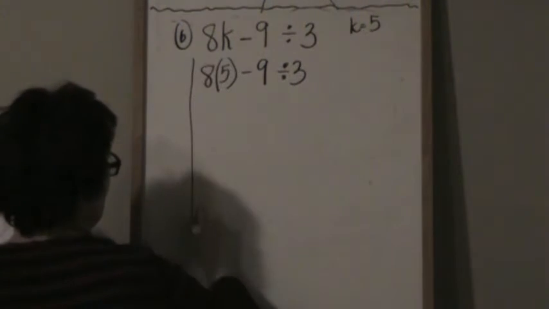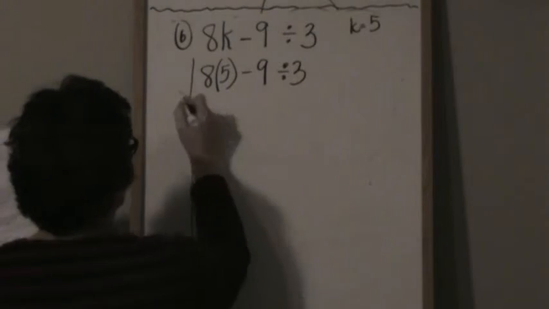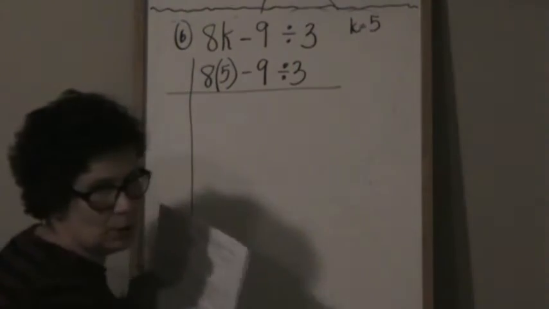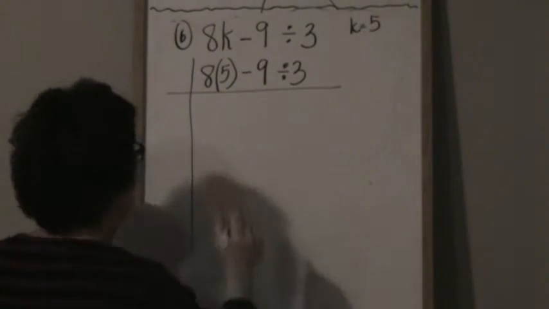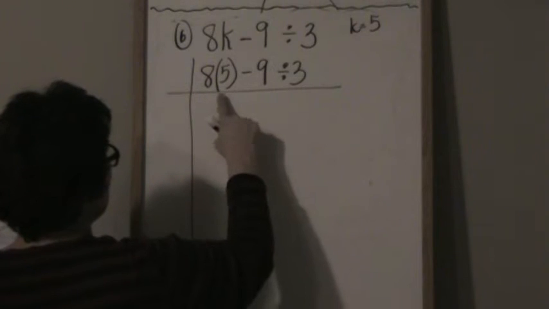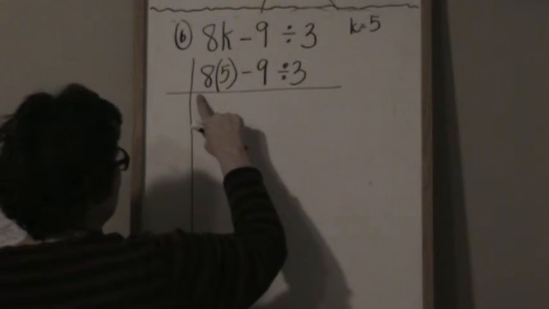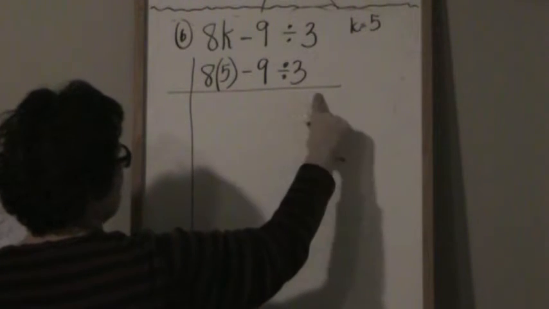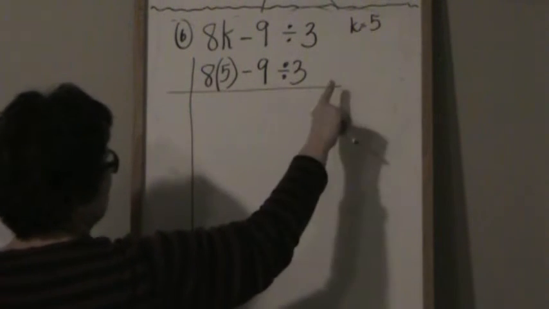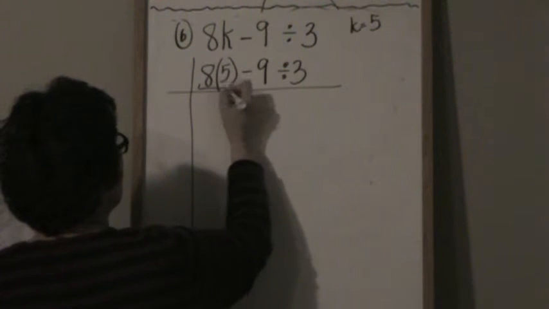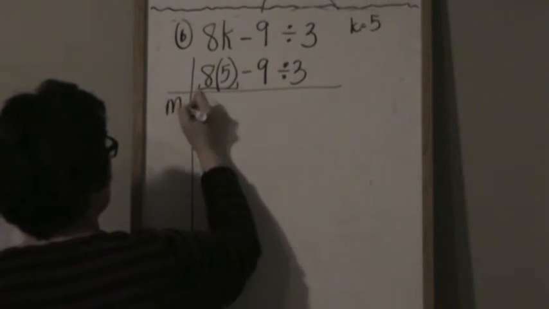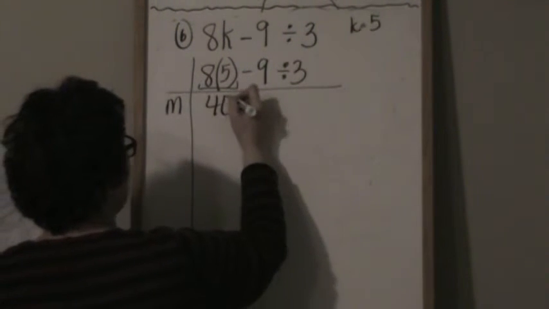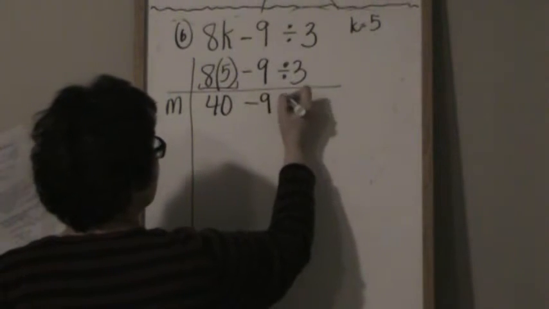Okay, this is how we work out order of operations. Remember, I want to see this. Okay, first thing I do is I'm going to do multiply and divide from left to right, because there's no parentheses, no exponents. First multiply is my 8 times 5, so that'll become 40, minus 9 divided by 3.